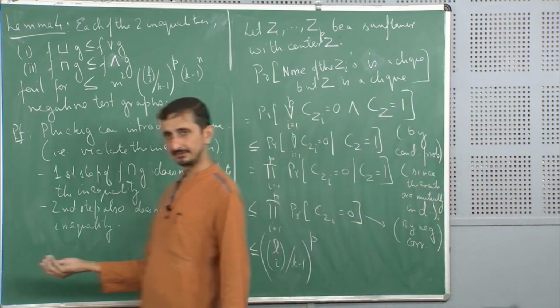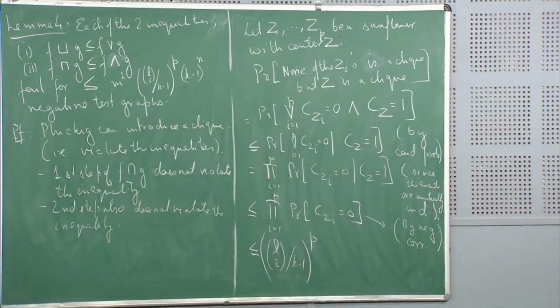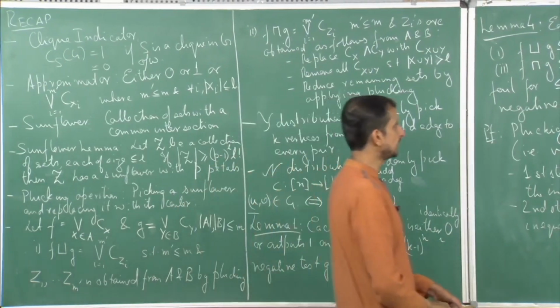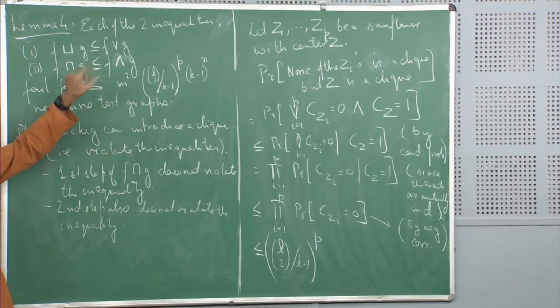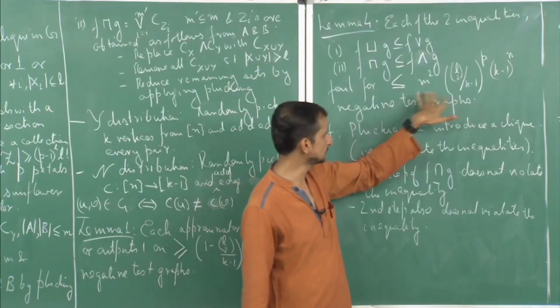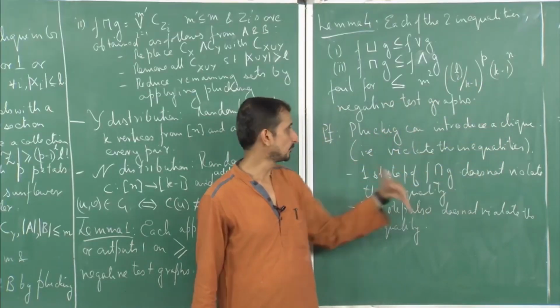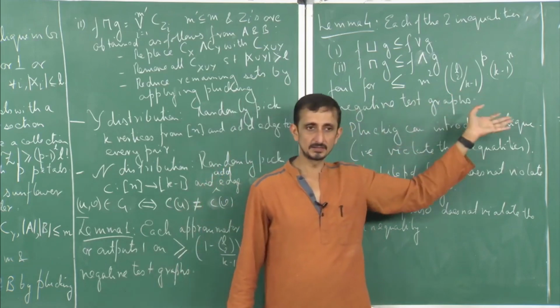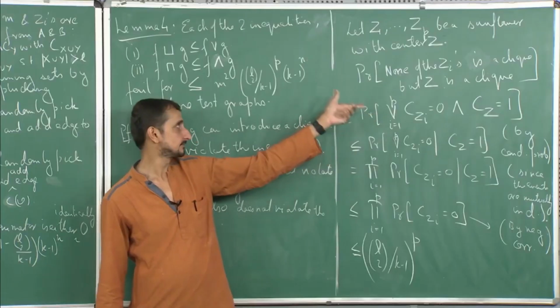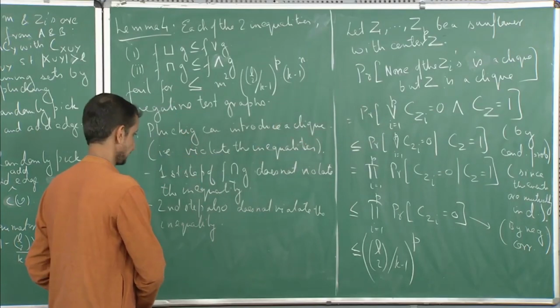Now how many pluckings can there be? The total number of pluckings is at most m square. Therefore the probability that the gate fails on some plucking is m square times this. And if I want to count the number of negative test graphs, it is the probability times the total number of negative test graphs, which is this.